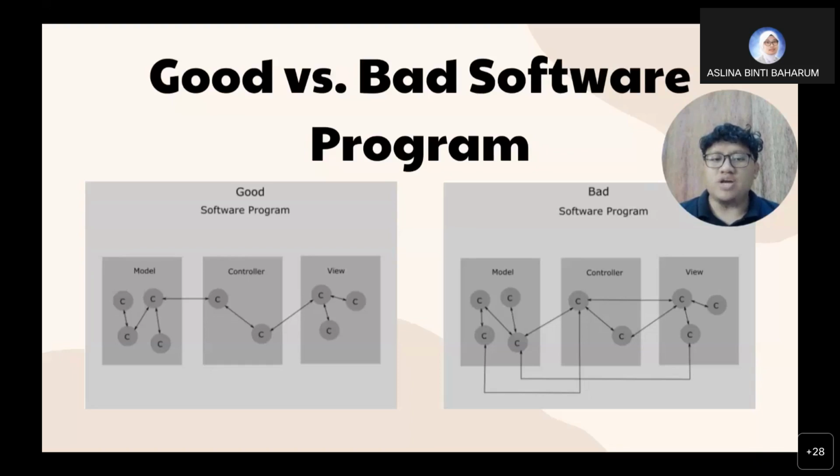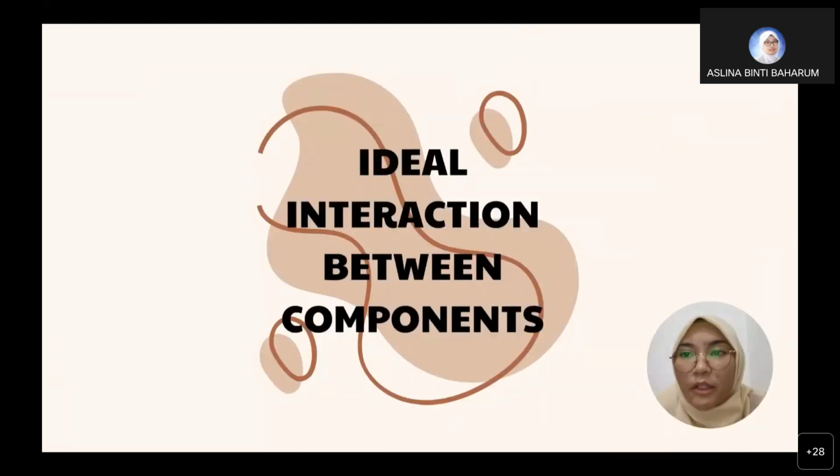In many programs, the view cannot ask the controller for data. The controller decides when to provide data to it. MVC architecture promotes low coupling between groups of classes. Next, we will move on with the ideal interaction between components of MVC.